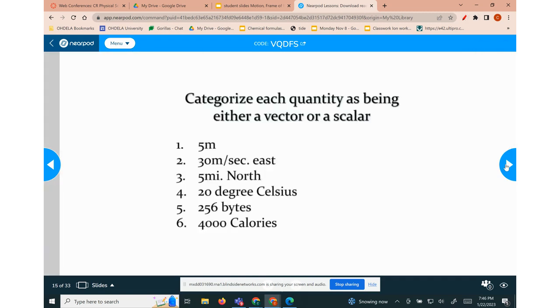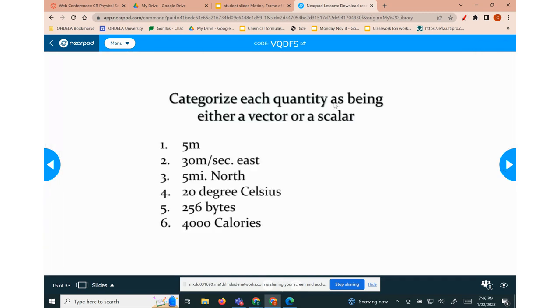So let's look at this. All right, so categorize the quantity as either being a vector or a scalar. All right, so remember it's a number only. So this is a scalar, number only. Now see, we have east in here, or we could use an arrow. So that's a vector.